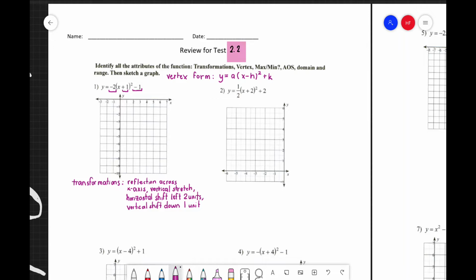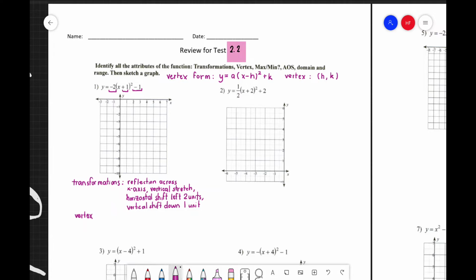And then it says to find the vertex. When we're in vertex form, the vertex is (h, k). So remember, we got to take the opposite of what we see with this h. So since we see plus 1, that means it would be x minus negative 1.